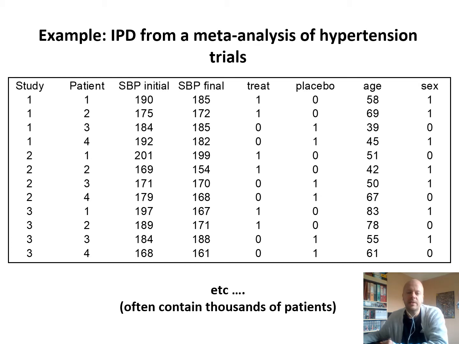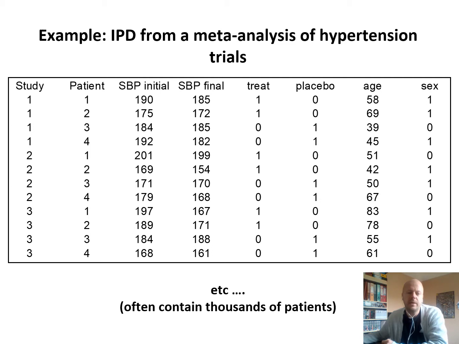So here is an example of individual patient data from a hypothetical meta-analysis of hypertension trials. In comparison to a traditional meta-analysis where you would just have the overall treatment effect and maybe the mean age, the mean blood pressure at baseline and follow-up, here you can see that we've got patient-level information.